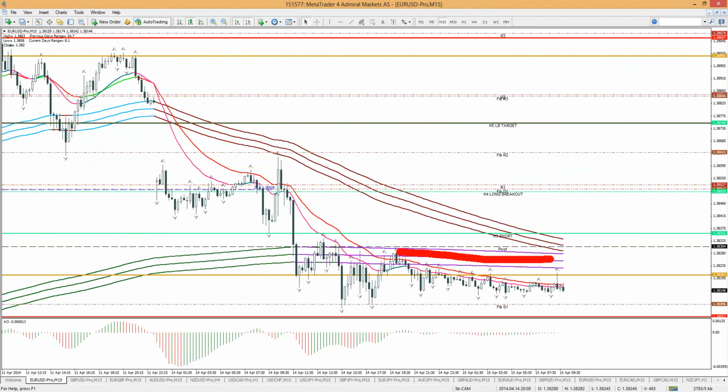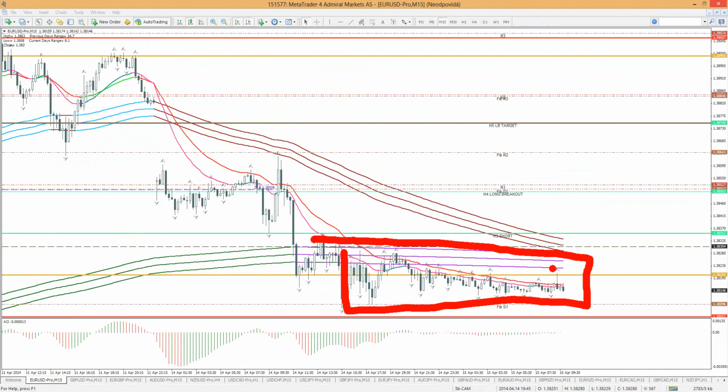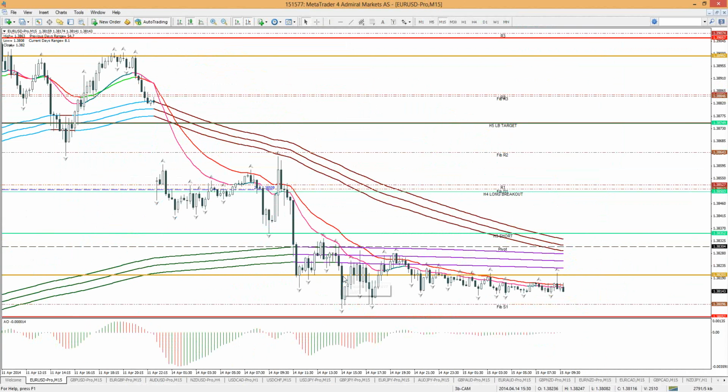Euro dollar is pretty flat now. Of course, the euro dollar 50-minute chart is not a good currency to take a range in this small, tight zone. It could be good for Asian, maybe for a couple of pips, not at the open of a European session, because we would expect breakouts, false breakouts, whipsaws and trends to develop, not ranges to maintain their boundaries, right? So that wouldn't make sense.